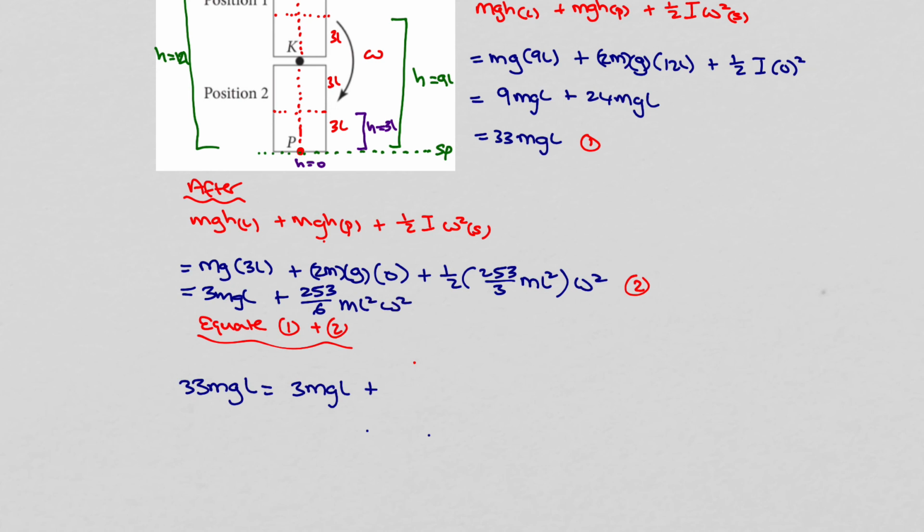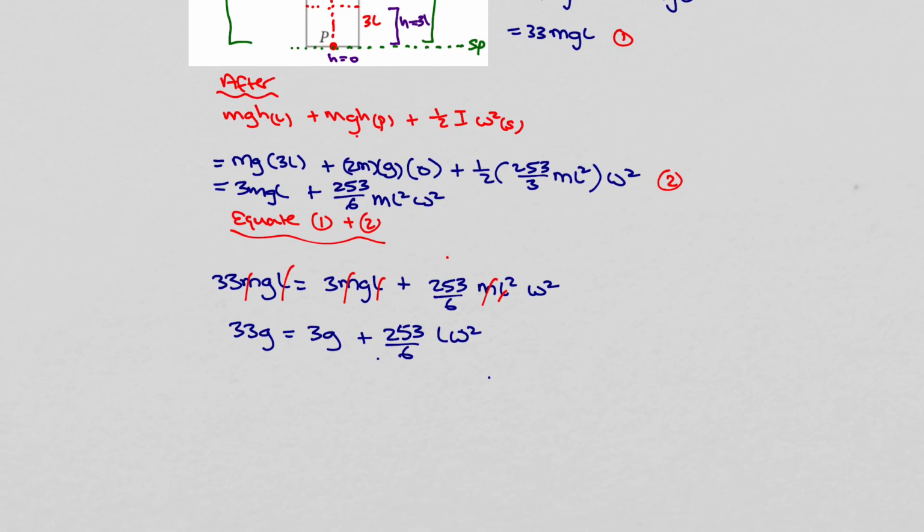Okay, so equating those, then we have 33 mgl equals 3 mgl plus 253 over 6 ml squared omega squared. And I can divide across by m and I can divide across by L. And that leaves me with 33g is equal to 3g plus 253 over 6 L omega squared.